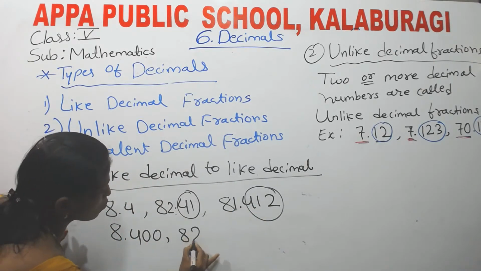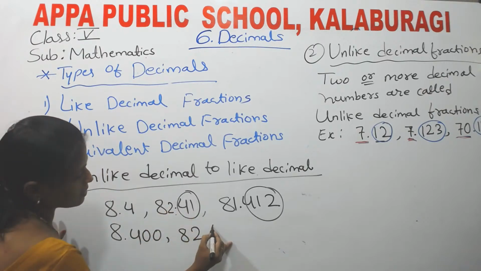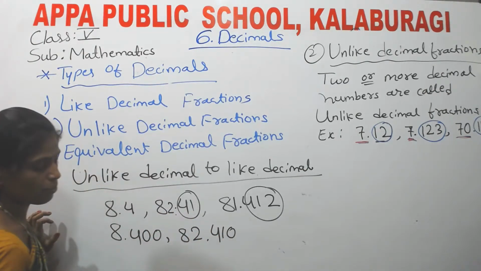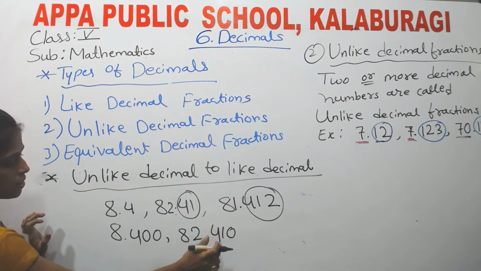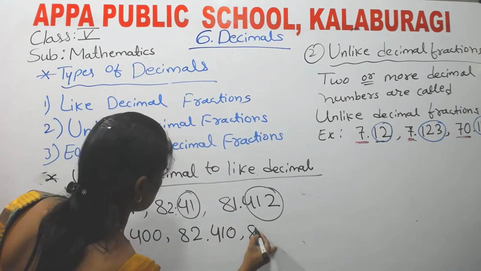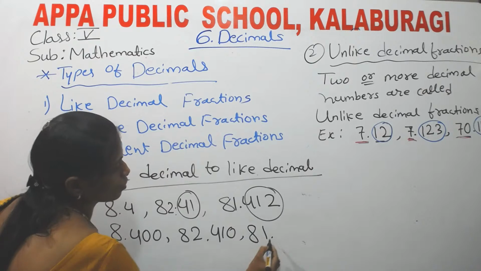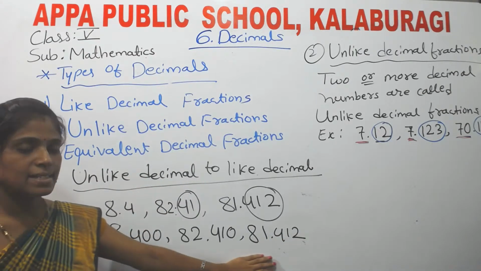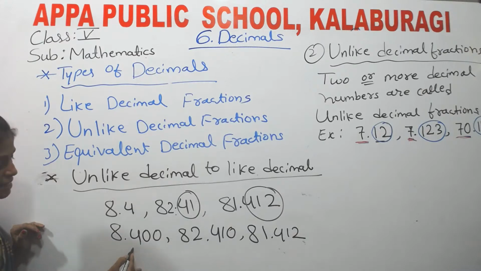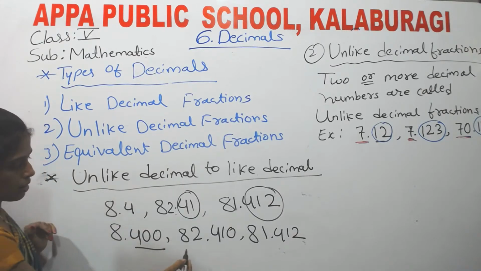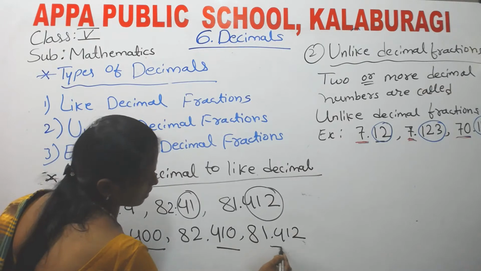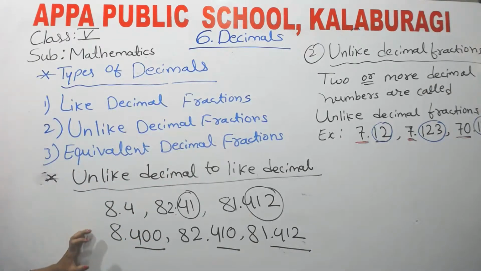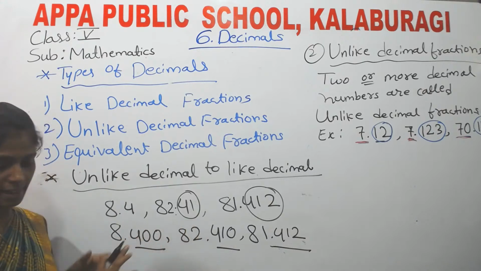Next, 82.41: I have to add one zero here, 82.410. Next, 81.412. Now these are like decimals. See, after the decimal point there are three digits here, and here also, and here also. These are the like decimals, changed from unlike decimals to like decimals.